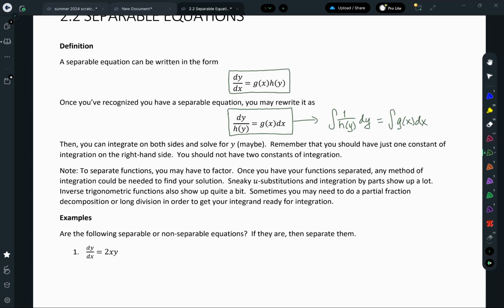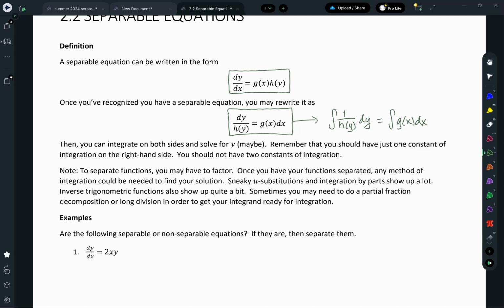If those differentials were not there, then when we integrate both sides, it would have to be with respect to the same variable. That's something we have to keep in mind for future problems, but for now, we know we're taking a dy/dx, and we're splitting it into its differential form so that we can integrate both sides. Now, this only happens if we have a separable equation.